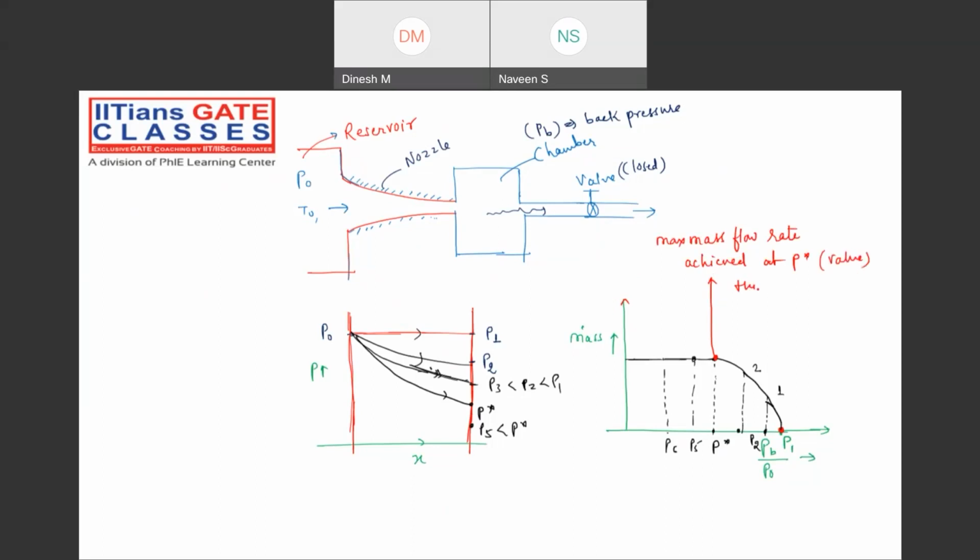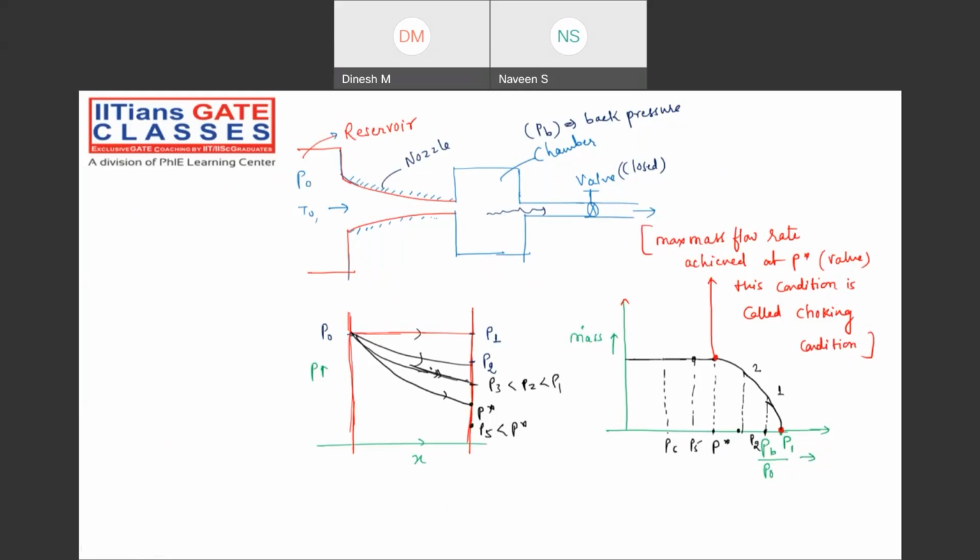This condition is called the choking condition. Please note down: whenever the mass flow rate through the nozzle reaches the maximum value, that is called the choking condition. That is very, very important, my dear friend.